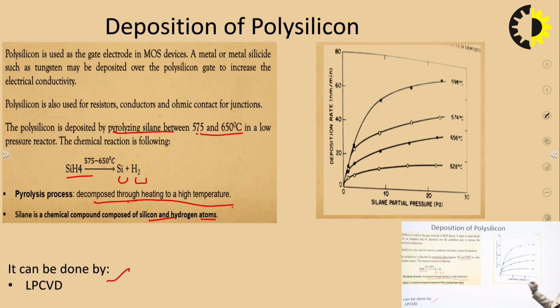In the graph, the silane partial pressure is plotted on the x-axis, and on the y-axis the deposition rate. So what is this showing? This is showing a non-linear structure, and when the temperature is increasing, the deposition rate is also going to increase, and it shows how the deposition changes with silane over temperature, right?